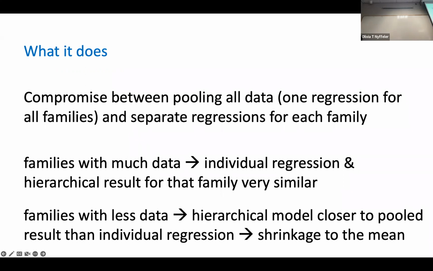So what this hierarchical Bayesian does is it compromises. It says if the data are good for a family, it'll let the data for that family speak for itself. But if the data are not good for the family, like I only have 4 data points for this family, then it will shrink it. It will pull it in towards the average. So it does allow compelling data to say, no, this is different from everything else. But if you don't have a compelling case to say it's clearly different from everything else, then it says, all right, the best I can do is the average. Okay.